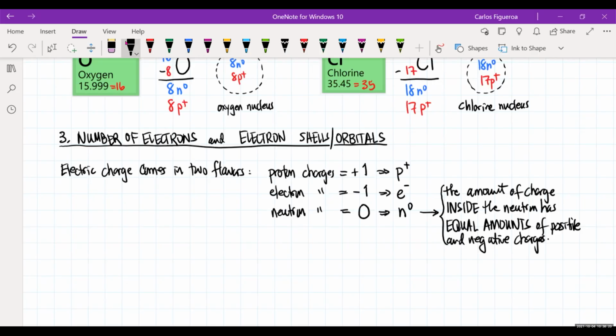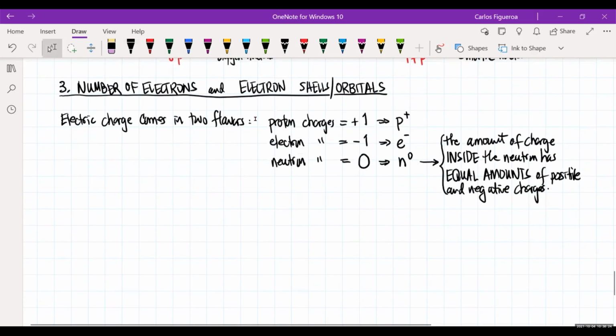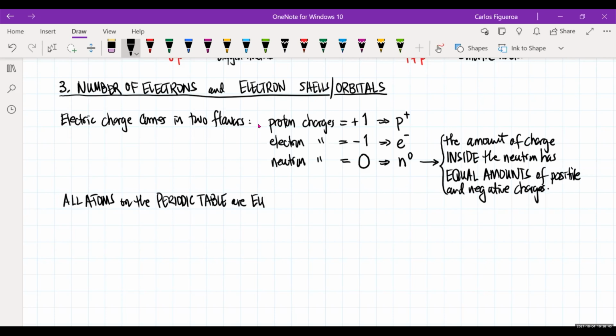So now we could then write what we want to say here. All atoms on the periodic table are electrically neutral.